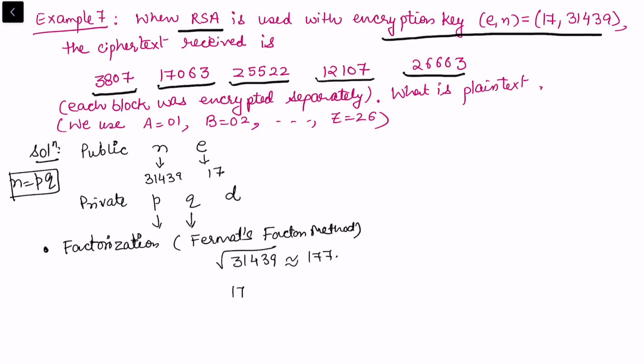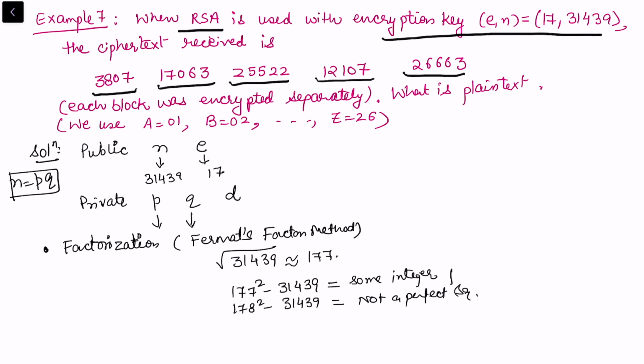Now you look at 177 squared minus 31439. This is equal to some integer, and if this integer is a perfect square, then we can do the factorization. Otherwise we start increasing this base. We find gradually that this is not a perfect square, this is not a perfect square, and earlier also this is not a perfect square.